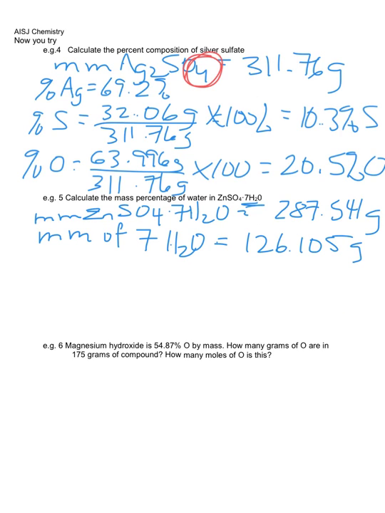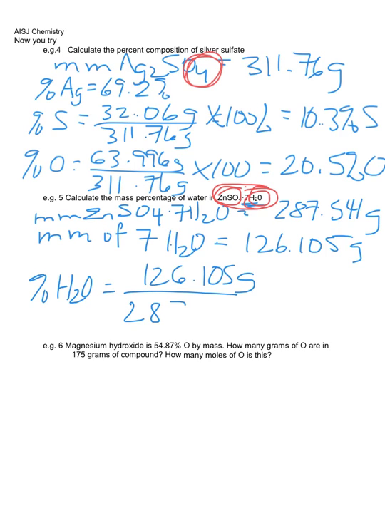Thus, knowing the mass of the 7 moles of water for every mole of zinc sulfate and the total mass of the hydrated compound, we can determine the percent of water in this hydrated compound by simply taking the contributing mass of water over the total mass of the compound times 100, and we get that this is 43% water.